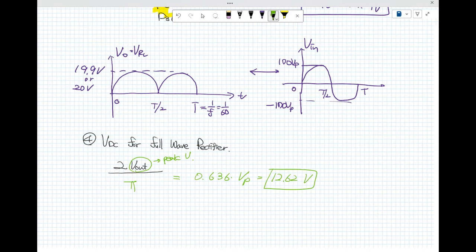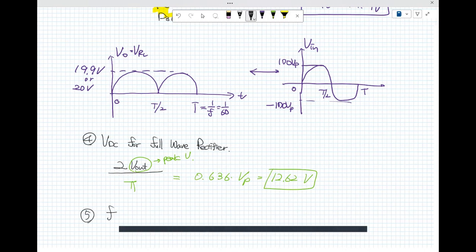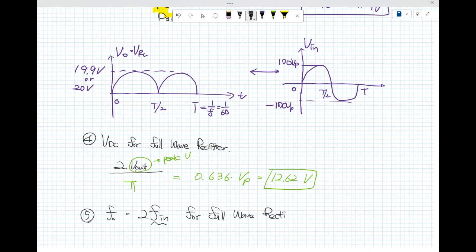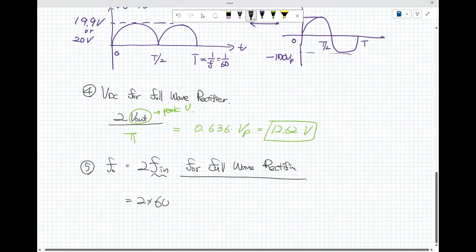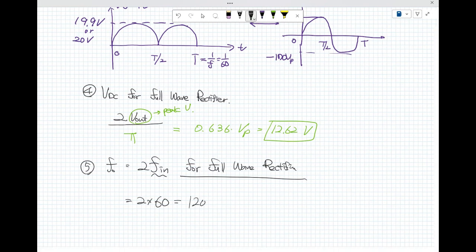All right. And also, what is the output frequency? That was 2 times the input frequency for the full wave rectifier. So 2 times 60, that was 120. I'm sorry, 120 hertz. That is the answer. Okay. Thank you.